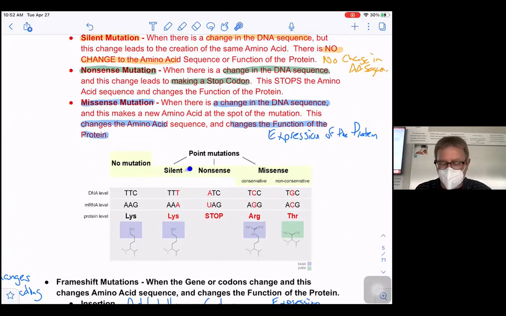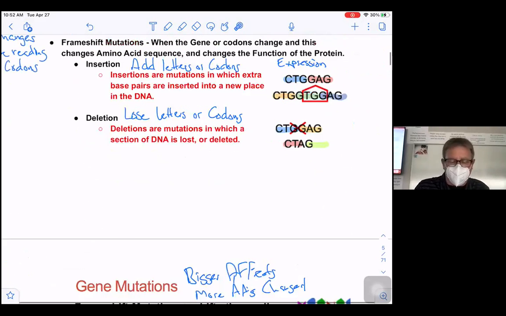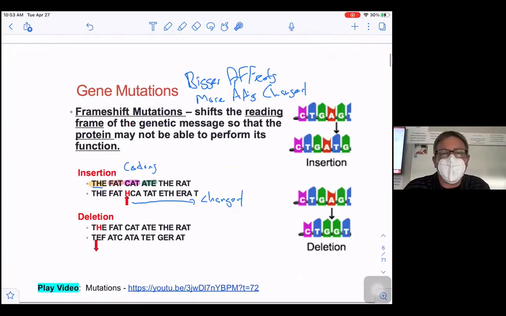But silent and missense tend not to have a big impact because you're only changing one amino acid, but it only takes one to change the whole process. But the frame shift ones tend to be bigger in their effects. So that's kind of my lecture for today on mutations. So we've seen now where they're found.